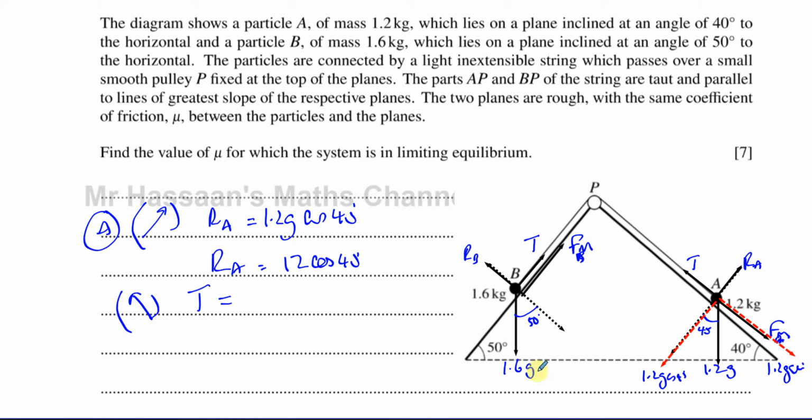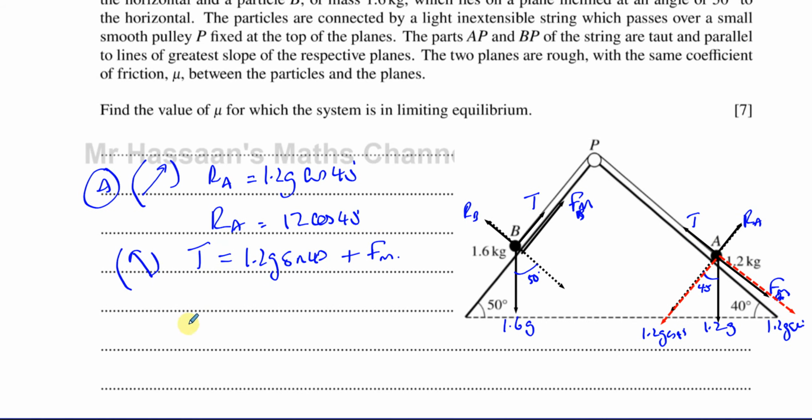So T equals 1.2g sine 40, but then you're going to have plus F max, the maximum value of friction. So this is going to be T equals 12 times sine 40 plus F max.